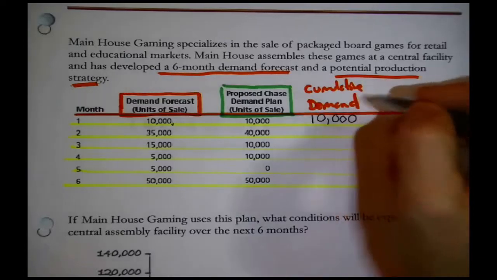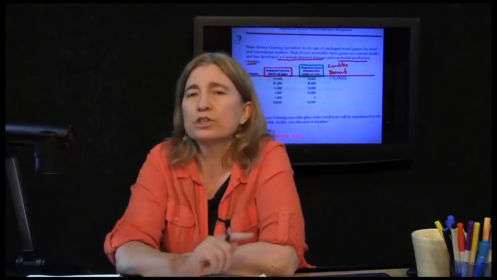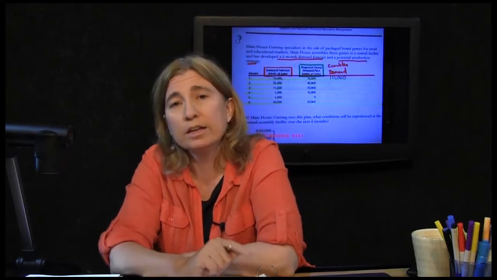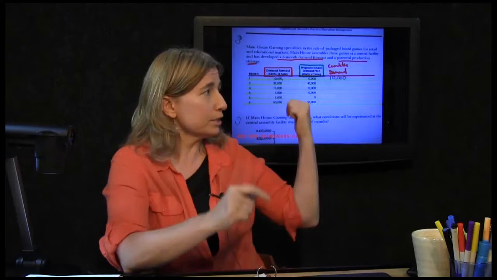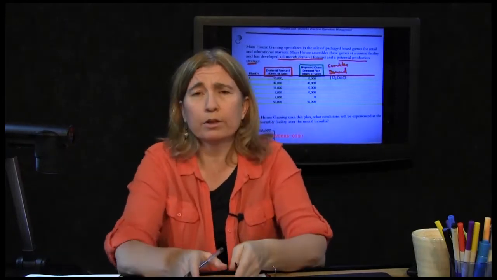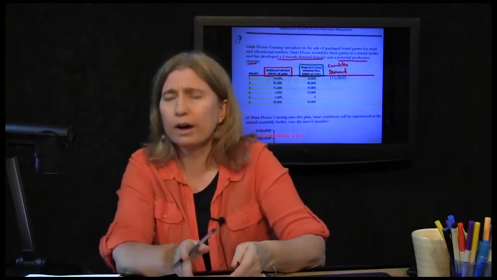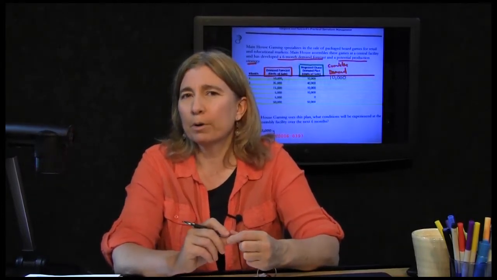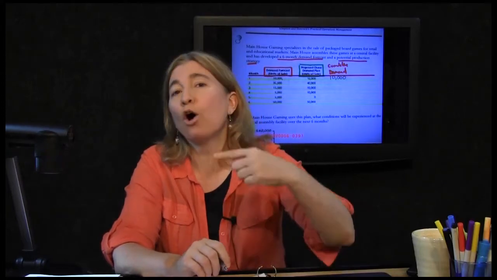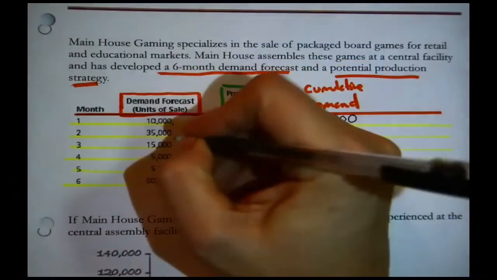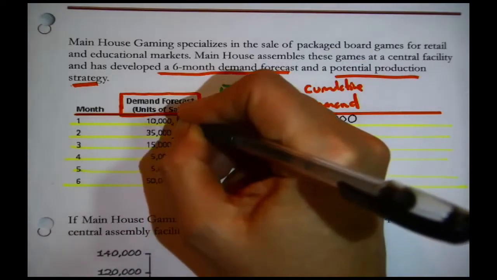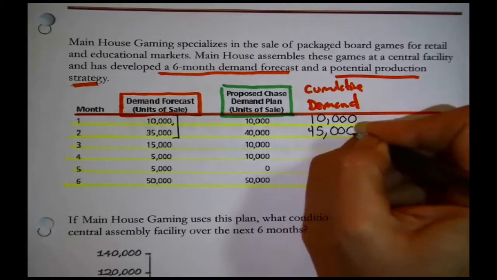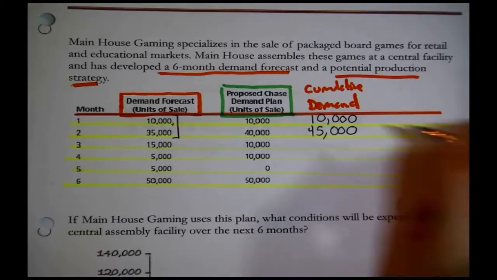Now, cumulative demand, how do you calculate cumulative demand? Just think running total. It starts to make more sense the next month. In the second month, the forecast says that during that month, there will be demand for 35,000 units. That means by the end of that month, there will have been a total of 35,000 plus 10,000, a total of 45,000 units of sale demanded, so to speak, right?